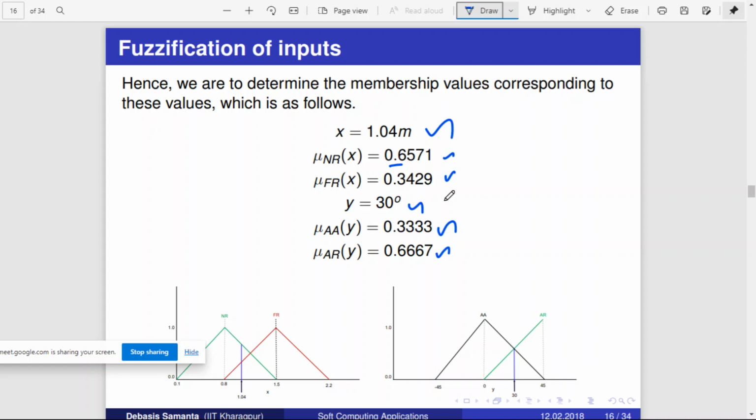For example, the object may be near and it may be ahead, this is one combination. Or the object can be near and it can be ahead, another combination. Or the object can be far and ahead, another combination. Or the object can be far and it can be ahead, another combination. So for this given input, how many combinations of situations are possible?